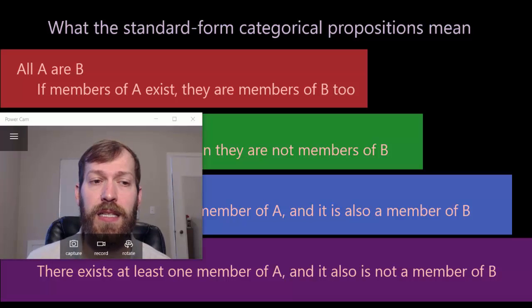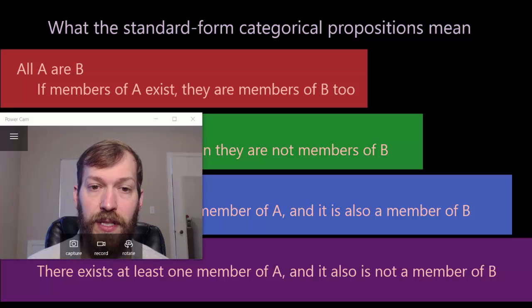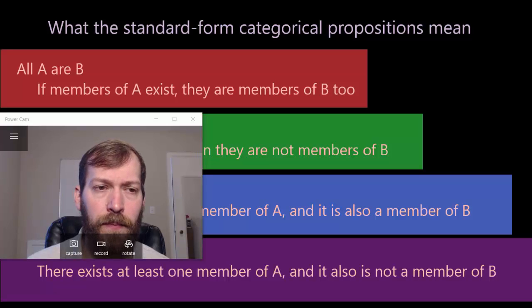Notice that we're not saying that members of A do exist. Rather, if they do exist, then they're going to be members of B as well. So when I say all A are B, I'm saying that the category of A fits completely within the category B.